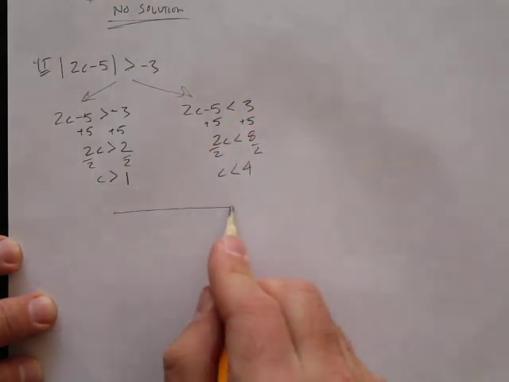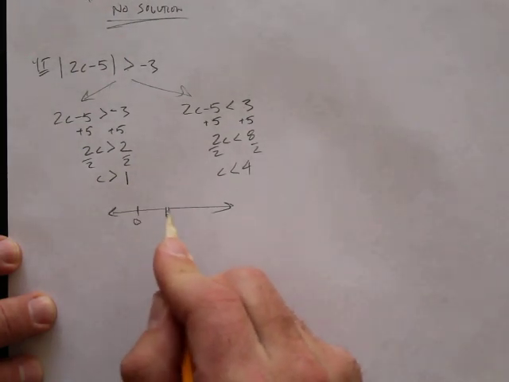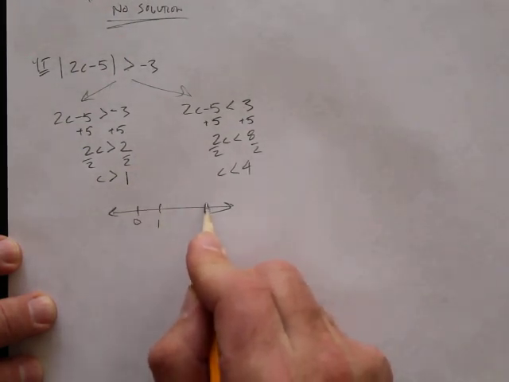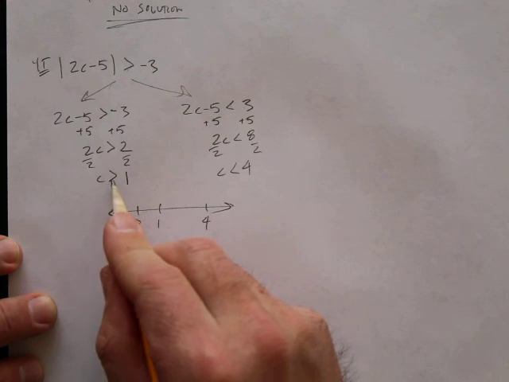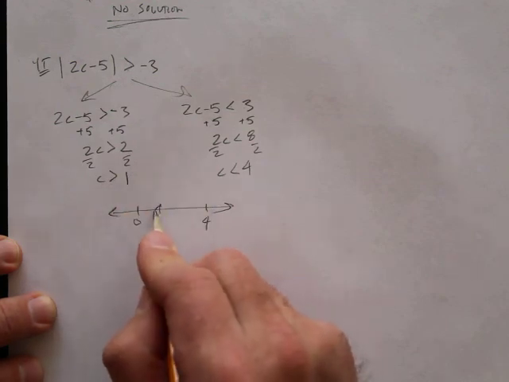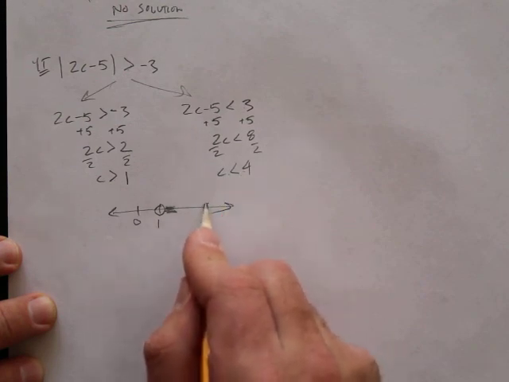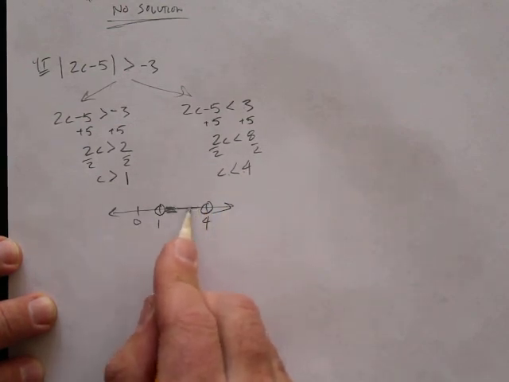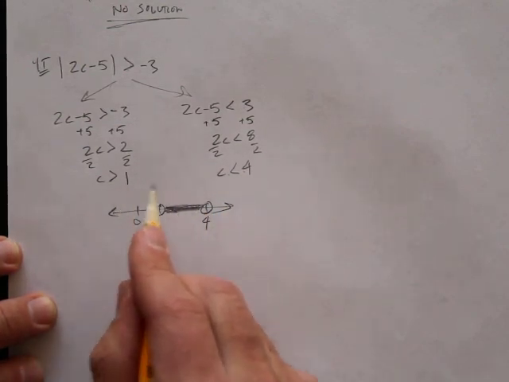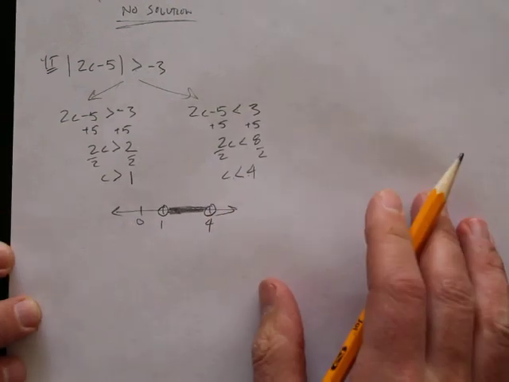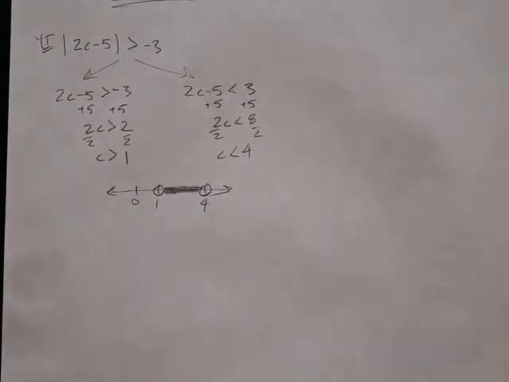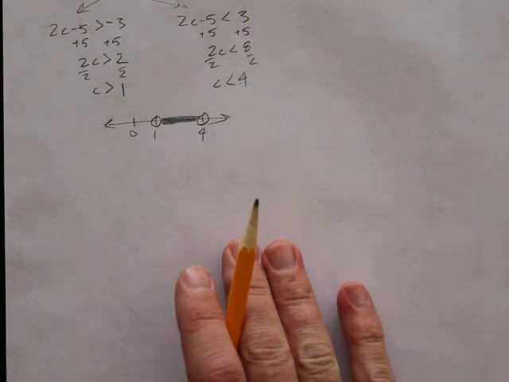All right. 0, 1, 4. C is greater than 1, and c is less than 4. Notice I have open circles because 4 and 1 are both not included in the solutions.